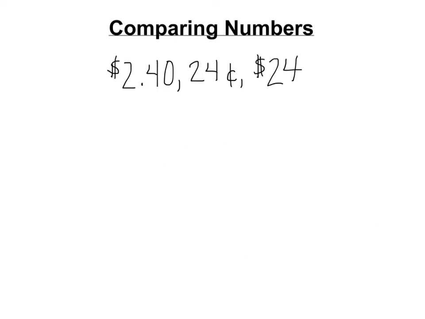When comparing numbers, it's important to write them in the same form. So notice here that I have two amounts written with dollar signs, but one with a cent sign. So my first step here is going to be to rewrite this so that they are all using dollar signs.